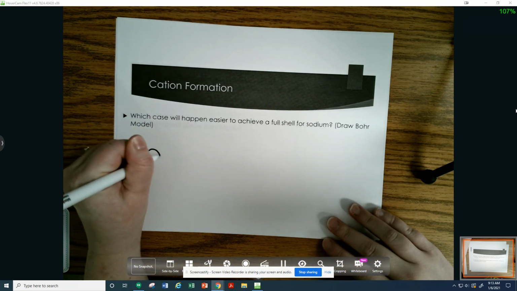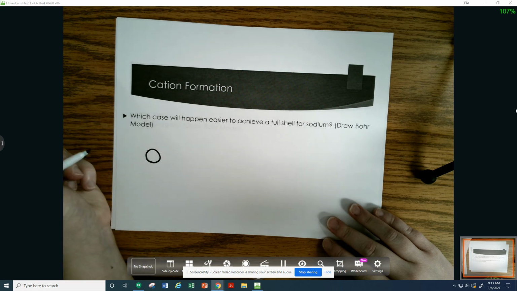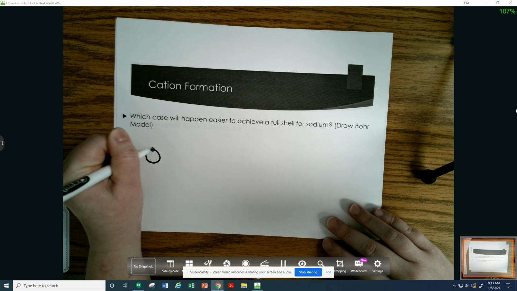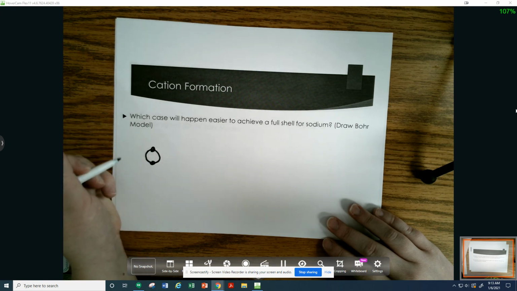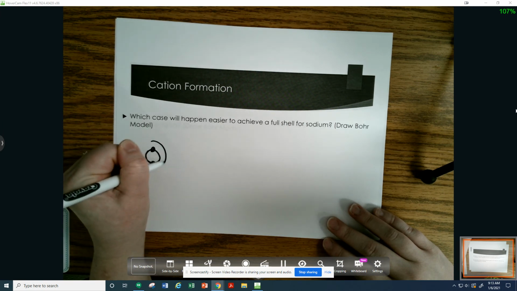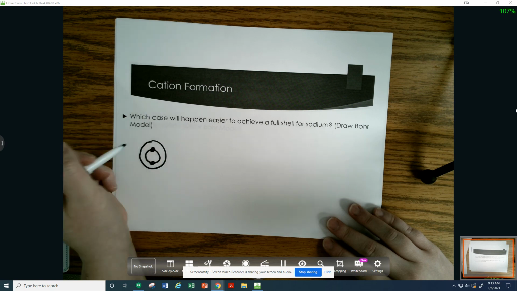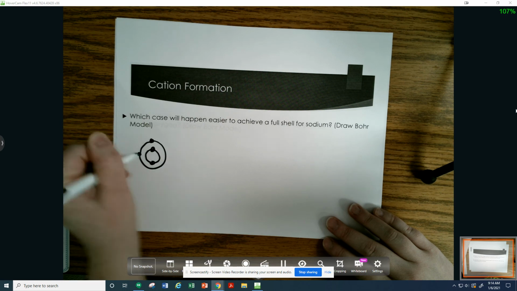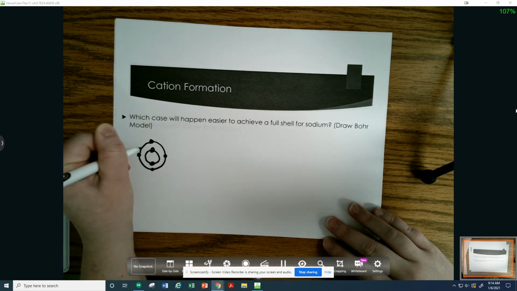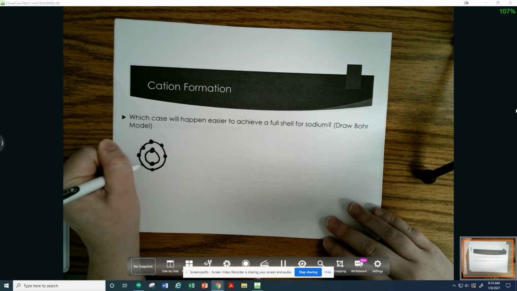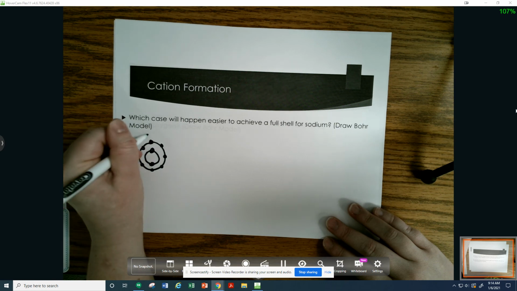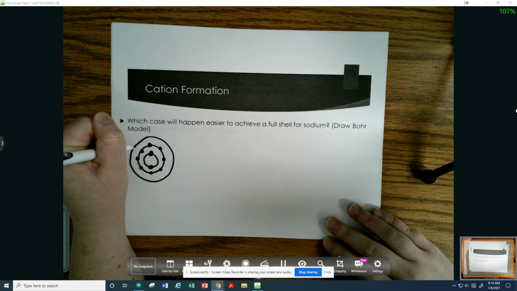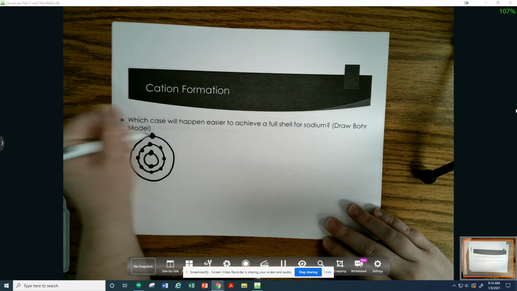So we're going to start with our Bohr model. We have our first ring here. If you remember, the first energy level is made up of just the s, so it can hold 2 electrons. Moving on to the next energy level, that is made of the 2s and 2p, so that can hold a total of 8 electrons. That gets us to 10, which means the third energy level, which can hold 18, only needs the 1 and it's full.